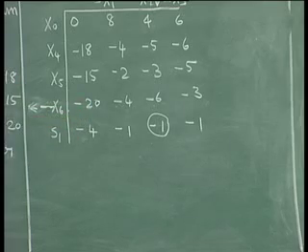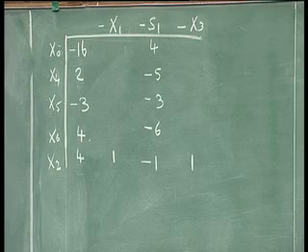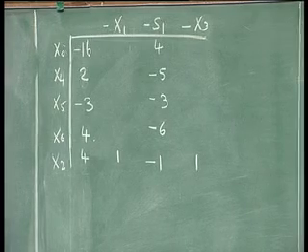If you go back and check, x1 equal to 2 or x2 equal to 4 would give us z equal to 16. So, we are doing all right.